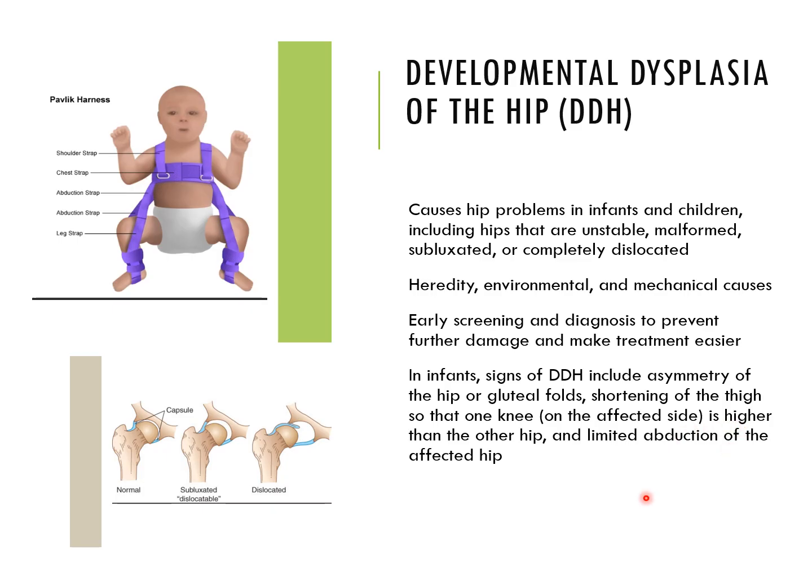If we see shortening of one thigh, so if baby's laying on their back and we bend their knees and put them up, one knee will sit higher than the other. That can be a sign of DDH. Or if there's limited abduction of the affected hip, so we can't abduct that leg as far from midline as we can on a normal leg, that can be another sign of DDH.